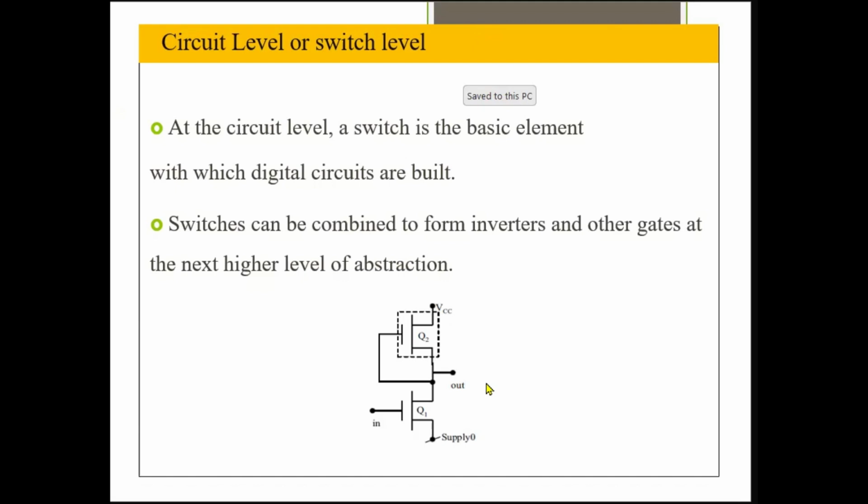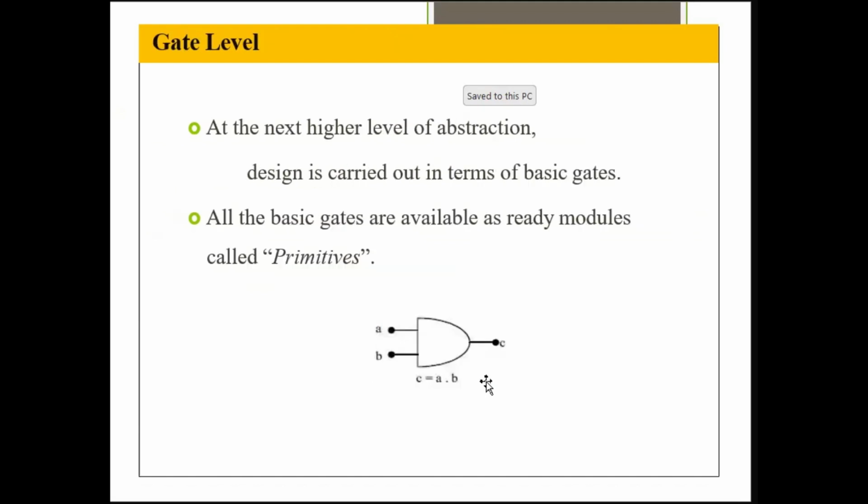Describing any logic with the help of transistors, we call this model switch level modeling. Coming to the gate level, we instantiate the primitive gates and then write the program.